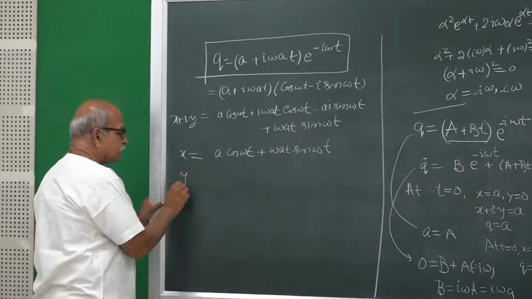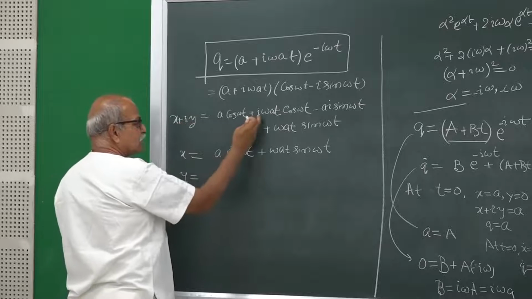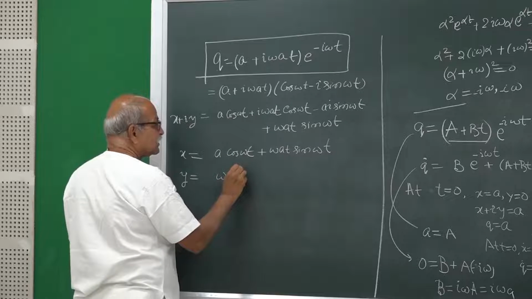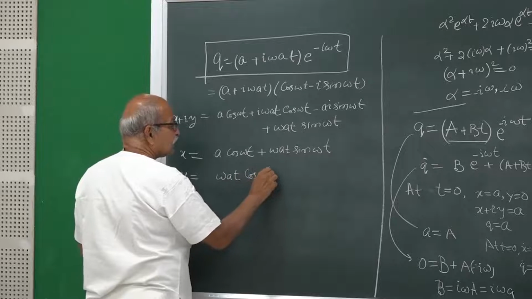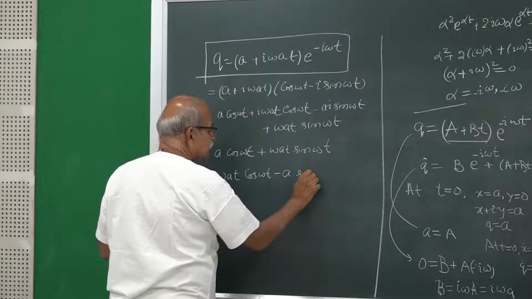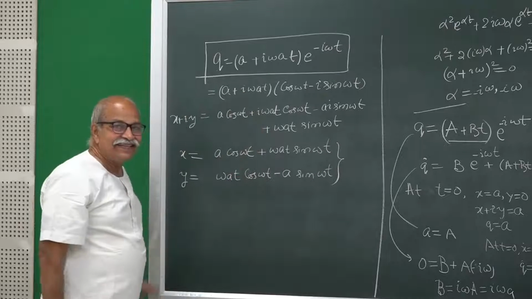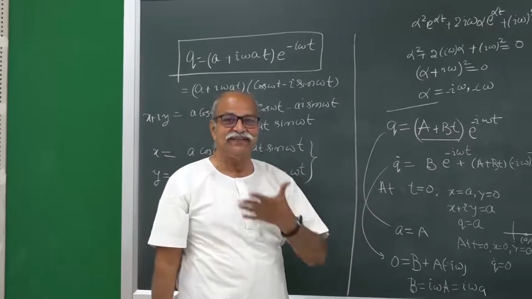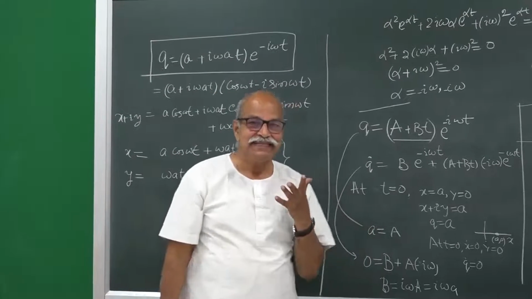And y is equal to, leaving out this i, omega a t cos omega t, and then minus a sin omega t. These are the equations for position, x coordinate and y coordinate, at any subsequent time t.